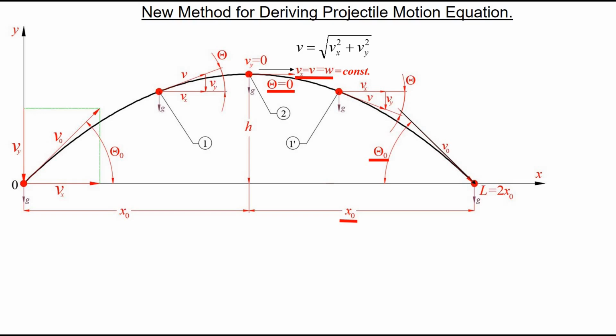When we reverse engineer our physics problem, we say that if a projectile is fired with initial velocity v0 at angle theta 0, it will reach height h at remaining velocity w and will travel distance x0.